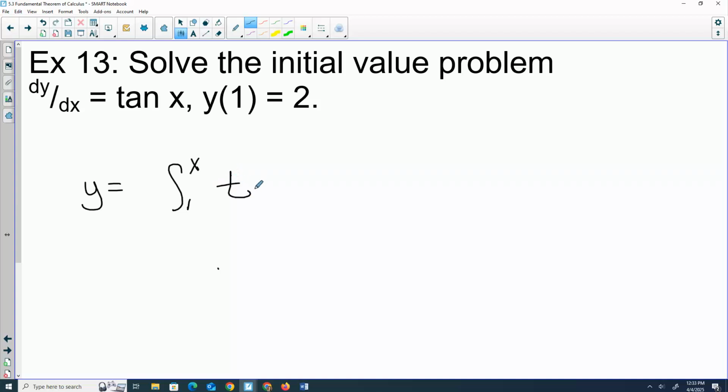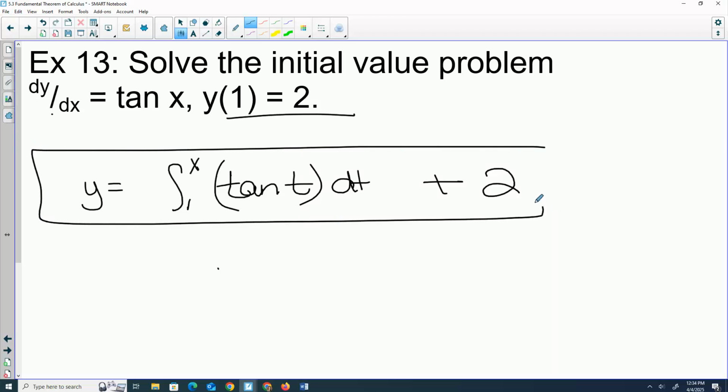Tan t, and we would put a dt with that, right? If you have an integral, you need a dt. Okay, so let's check dy/dx. If I did the derivative, do we get tangent x? The other requirement, when you plug in 1, you have to get 2. So do plus 2. That's so silly, but it just uses our fundamental theorem there.